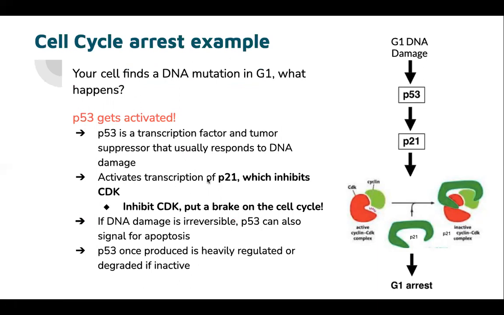It activates P21, which inhibits CDK. If DNA damage is irreversible, P53 can also signal for apoptosis. P53, once produced, is heavily regulated or degraded if inactive. P53 is constantly degraded because if it were always around, the cell cycle would always be put on pause, so to speak.